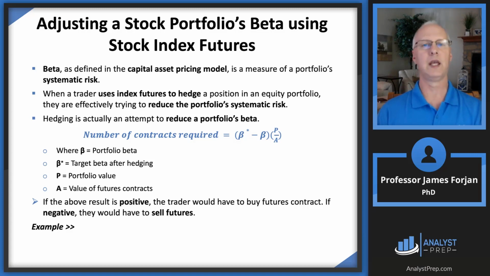It's the variability in asset returns due to changes in economic factors, things like GDP, things like employment, things like oil prices, things like foreign wars, things like President Trump's tariff policy. Sometimes that's up, sometimes that's down. That's all part of systematic risk.